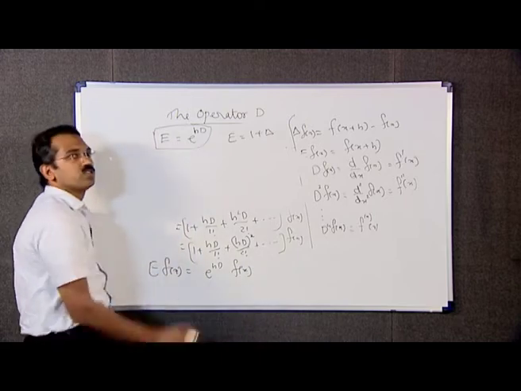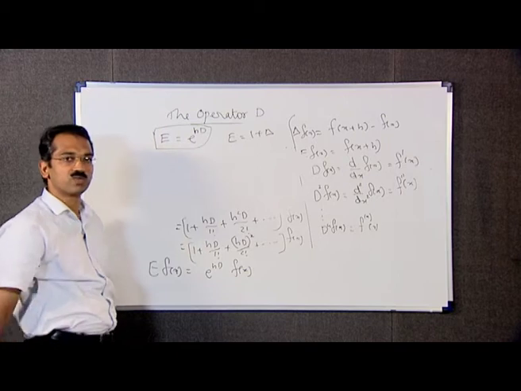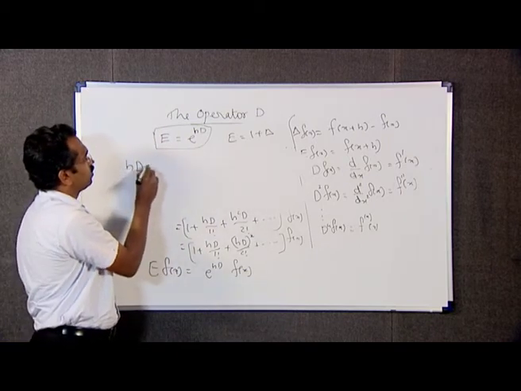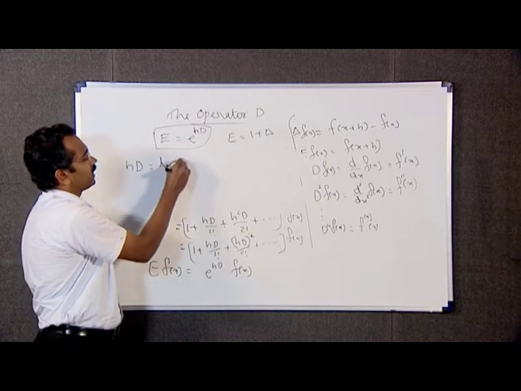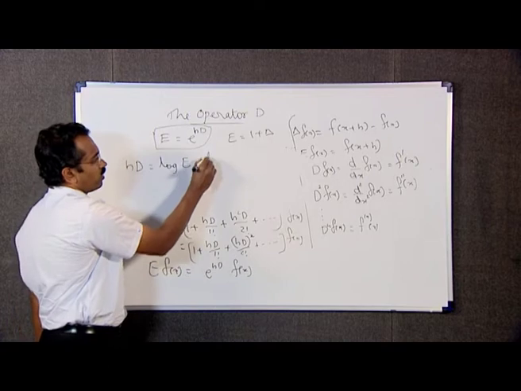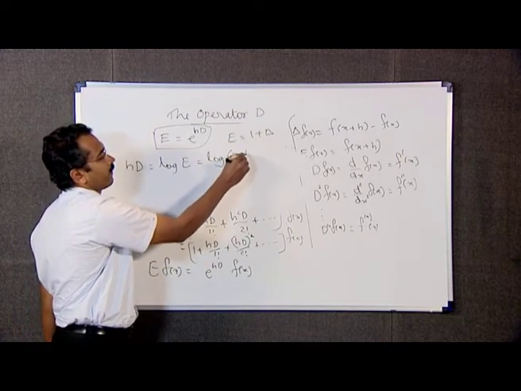Consider E is equal to e raised to h D, and applying the logarithm on both sides, we get h D is equal to log E, that is equal to log of 1 plus delta.